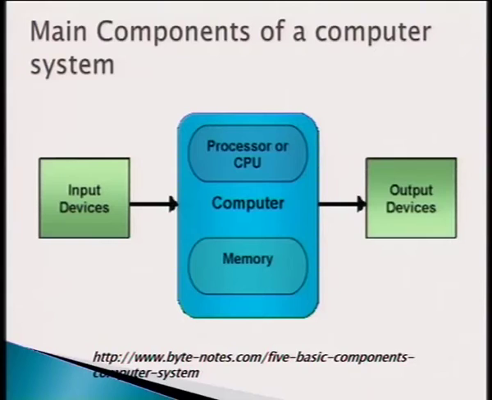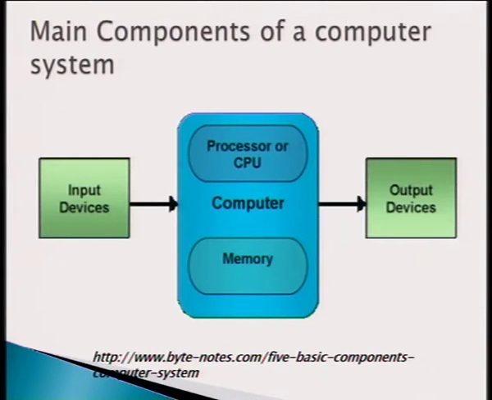It's various components that are put together, and then they form a computer. Now the main components of a computer system, we've got input devices. These are devices that are attached to the computer, or on the computer, that are used to input data or to enter data in the computer.